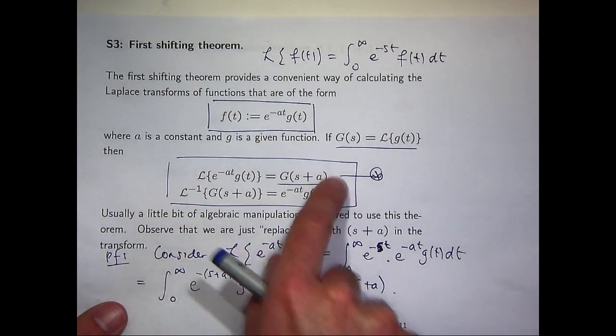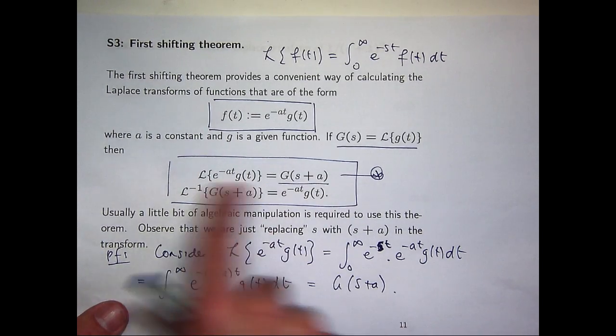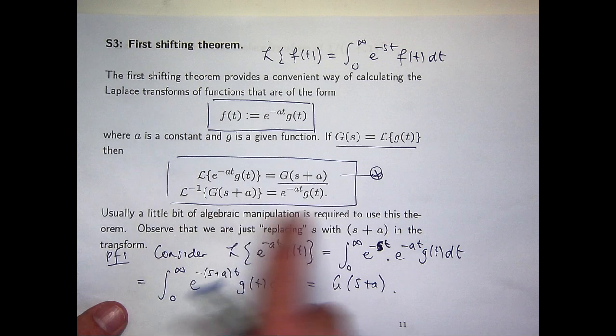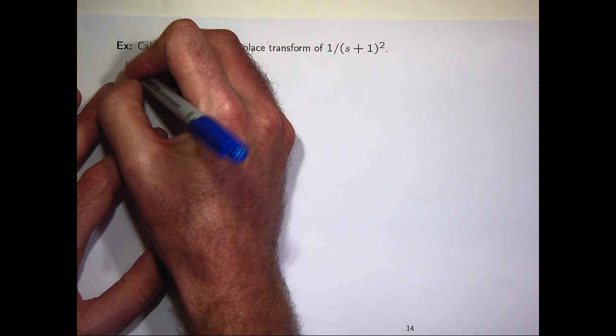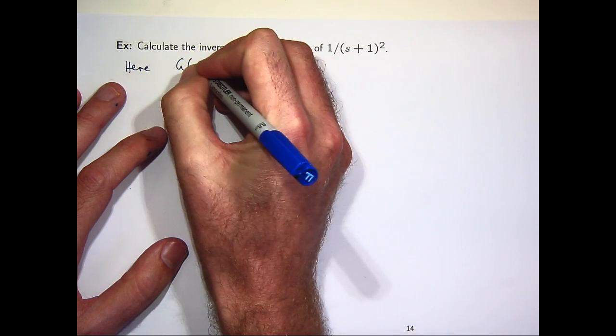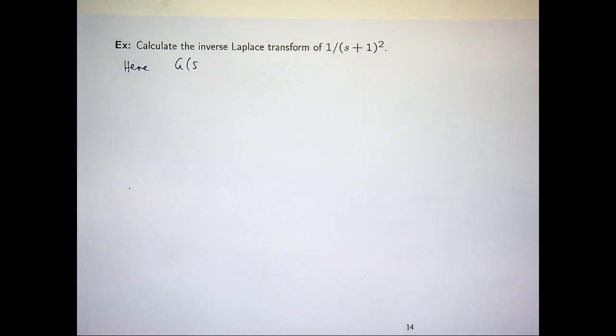So we've used star in the previous example. Let's use this identity here. Okay, so we want to calculate the inverse transform. Okay, so we notice that actually this function has a nice form.